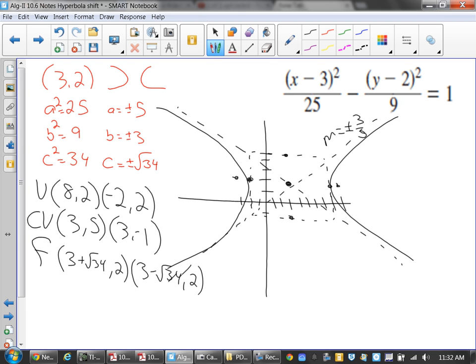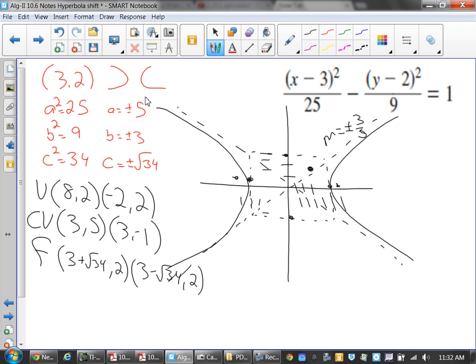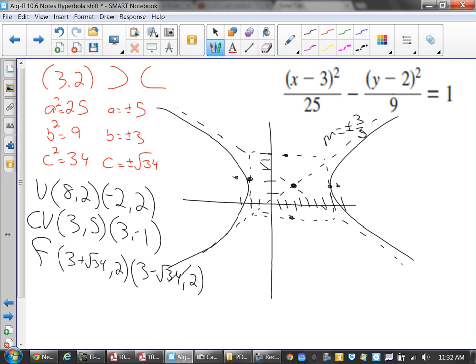Hopefully you got something like that. Yes, I did. Slopes 3/5. Okay. Plus or minus. Plus or minus, very good. You need to know where you're starting. If you started in here, you were on the right track. But don't start there. We started over here. Oh, from the center.